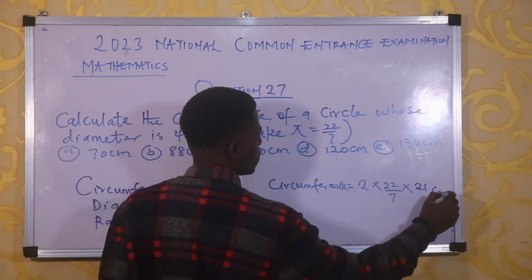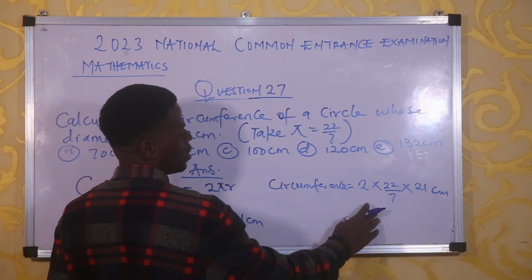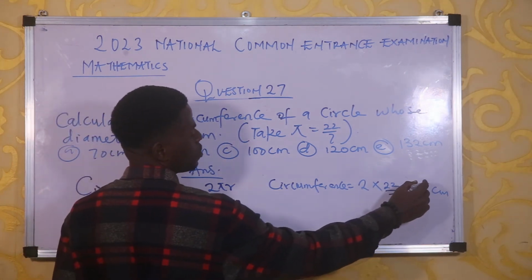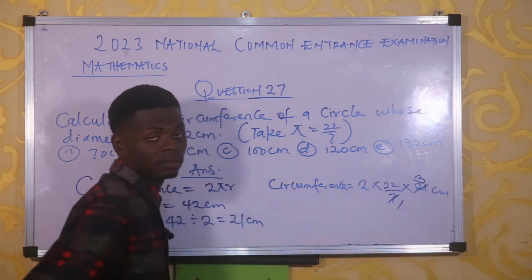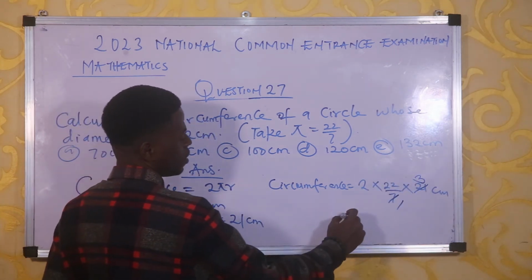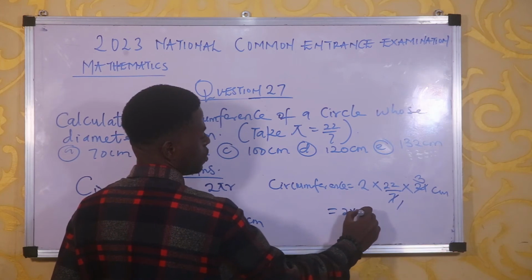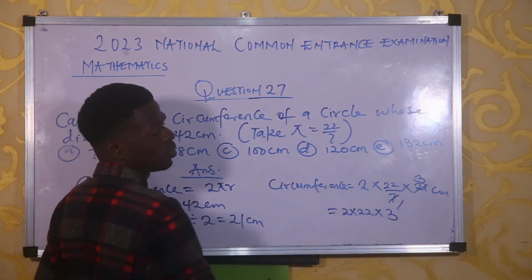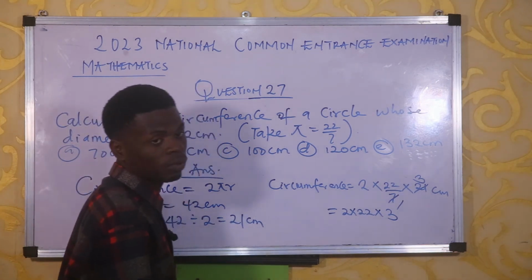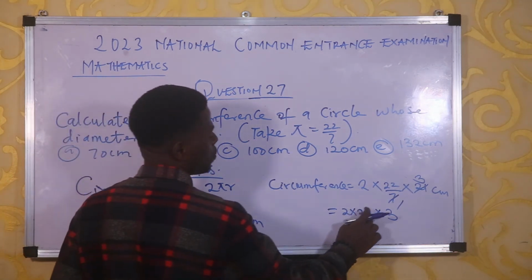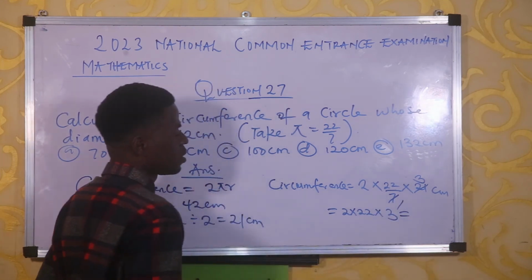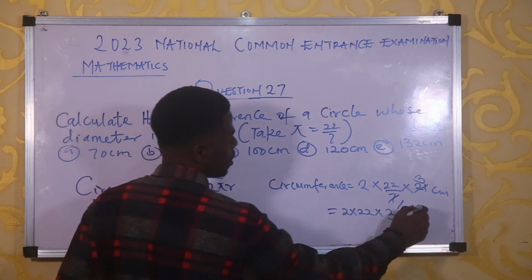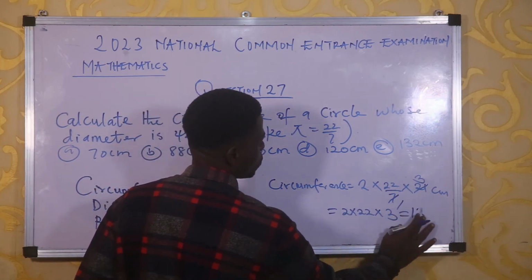Now let us divide: 7 in 21 will give us 3. So we now say 2 times 22 times 3. 2 times 22 gives 44, and 44 times 3 gives 132.